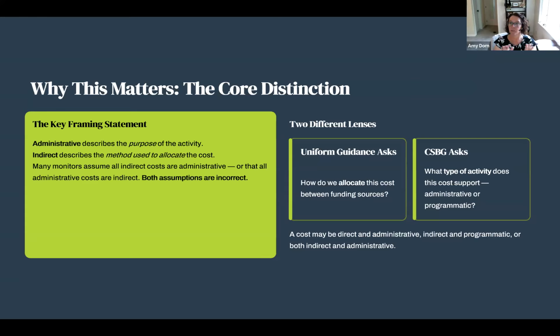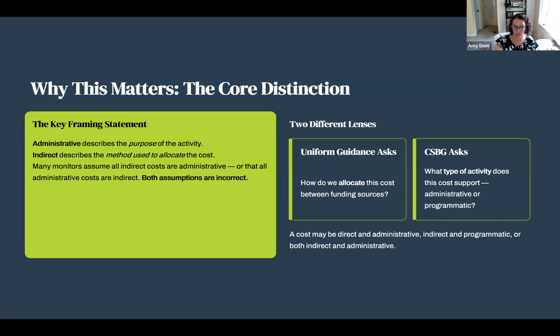That's not true in either of those cases. So the indirect wording, which is coming out of uniform guidance, is asking how are the costs being allocated to the funding sources. And CSBG, which is where the administrative side of the equation is coming from, is asking what type of activity is the cost supporting? Is it truly an administrative activity, or does it help advance the program objectives?